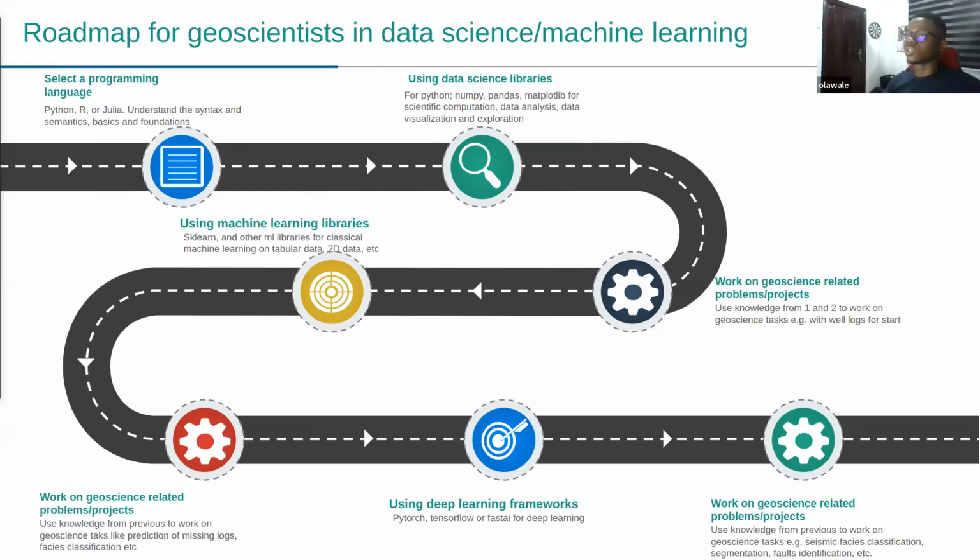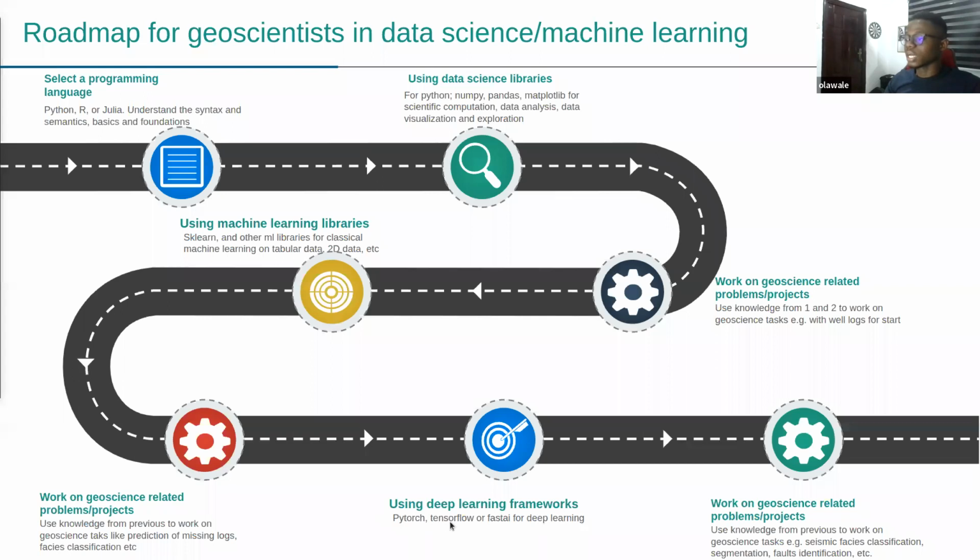There are open source creators that have written programs, in the case of deep learning frameworks, to make implementations of neural networks easier. So you do not have to implement all the theories of neural networks from scratch. It's just very easy for you to build once you're able to learn a particular deep learning framework.